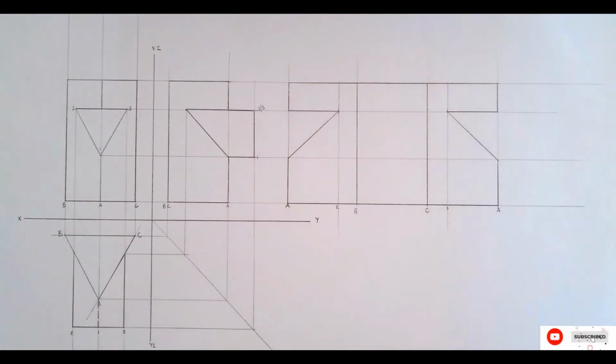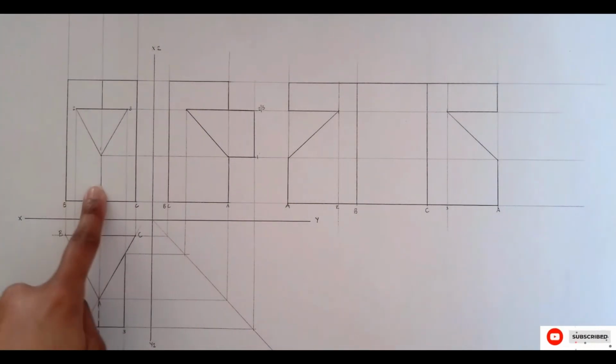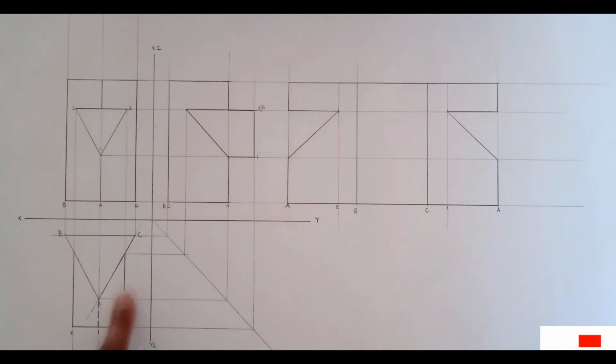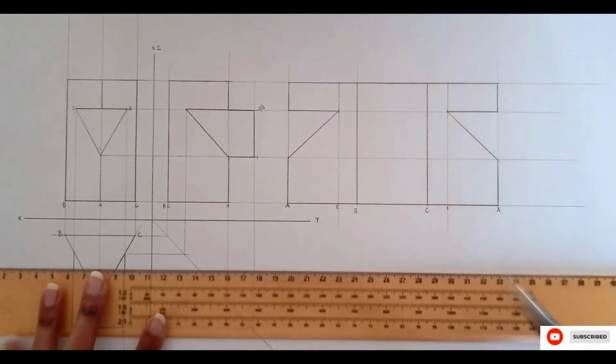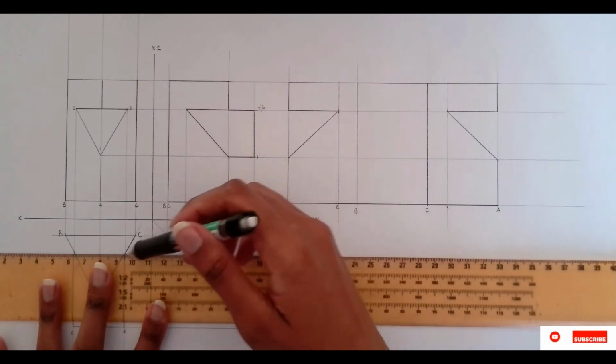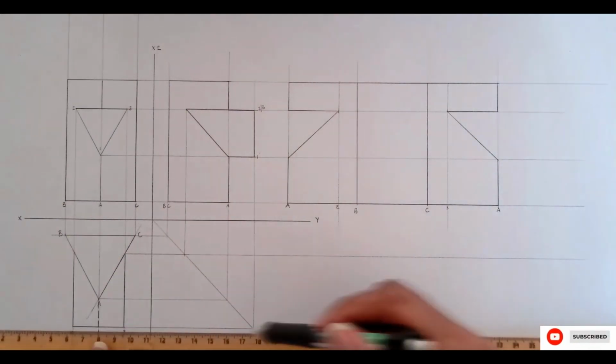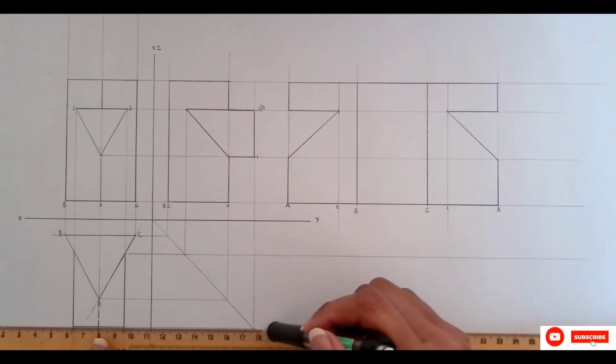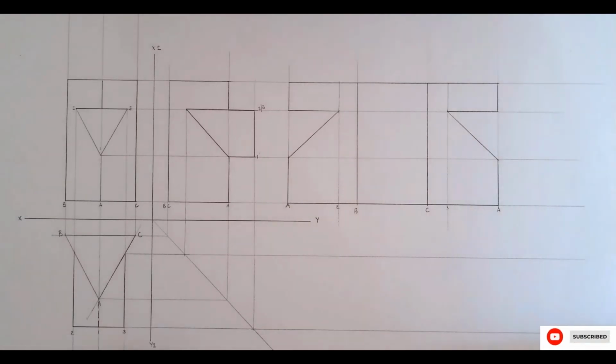So this is you now opening up the bigger prism. Now for the smaller one, we will also project it, the height, which is 44.